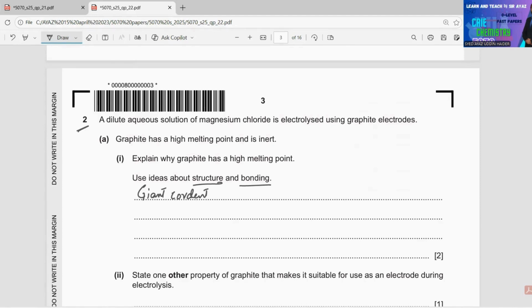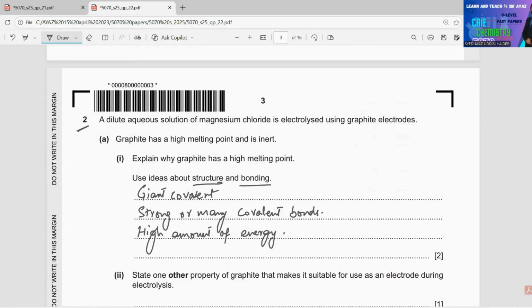Contains strong or many covalent bonds. You can write a high amount of energy is needed to break them down.